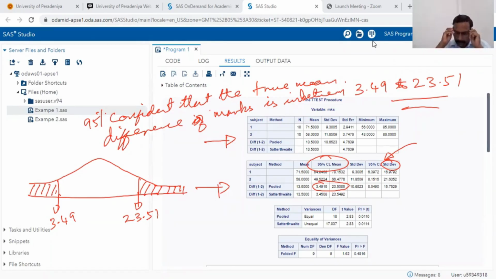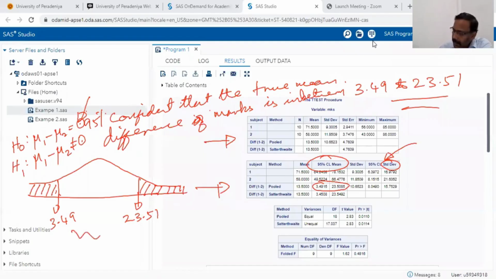Okay? Right. Now we haven't come to the hypothesis testing yet. That is in the next step. So this is about the confidence interval. Any questions? By looking at the confidence interval also, we can accept or reject. What is my null hypothesis? Mu1 minus mu2 is equal to 0. Can you remember? Alternative, let's say if it is two-tailed, mu1 minus mu2 not equal to 0. Look at this, our null hypothesis value, 0. Does this 0 fall in this range?